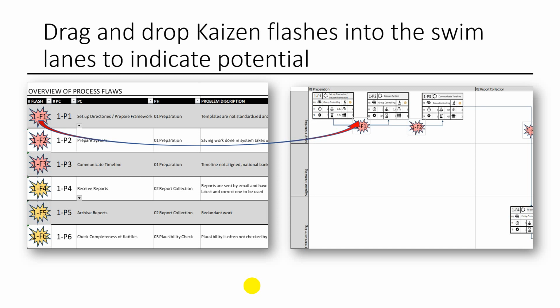Third is the process overview in form of a swim lane itself. It is really interesting to see when an organization for the first time looks at the full transparency of their processes.